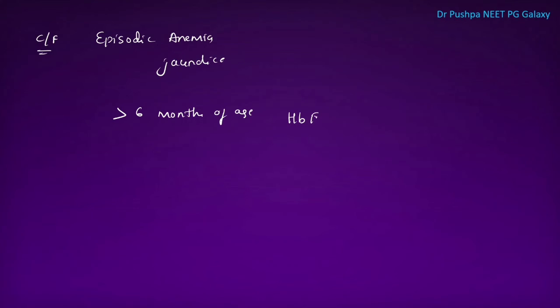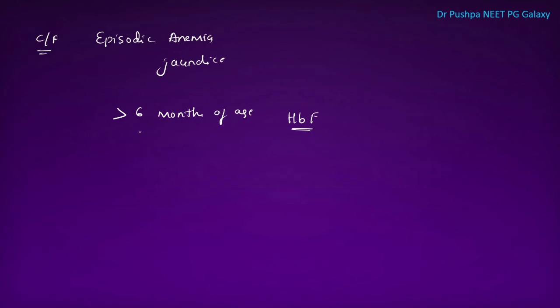What are the clinical features of sickle cell anemia? As the name suggests, the hemoglobin will be low. There is episodic anemia and jaundice, and there are episodic crisis manifestations. Usually, sickle cell anemia occurs after 6 months of age, because before 6 months of age there is fetal hemoglobin, HbF, which inhibits the formation of sickling.